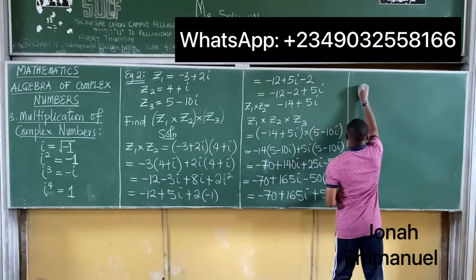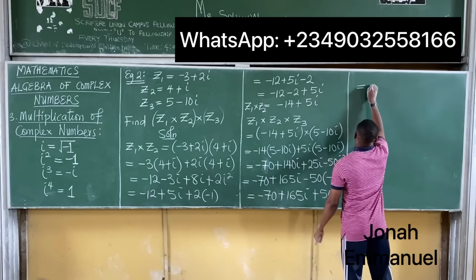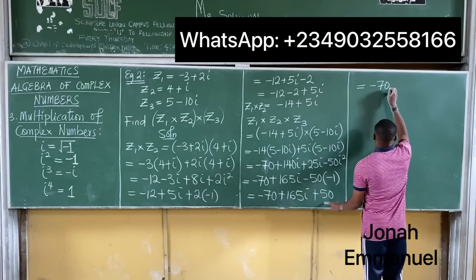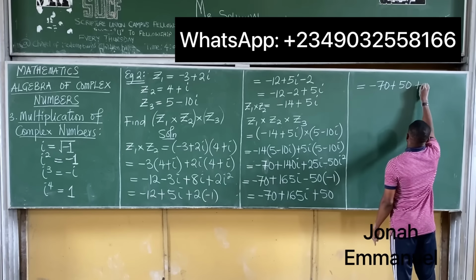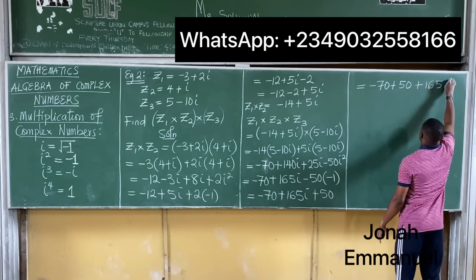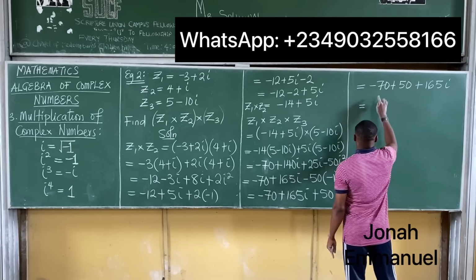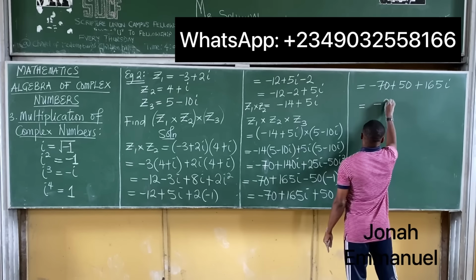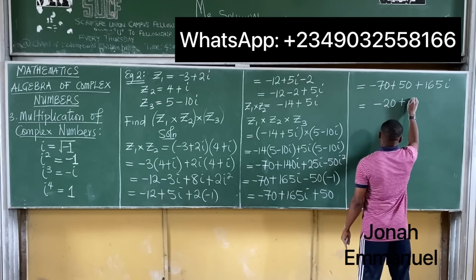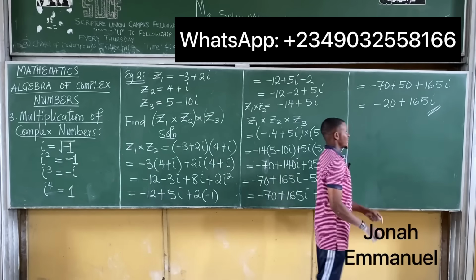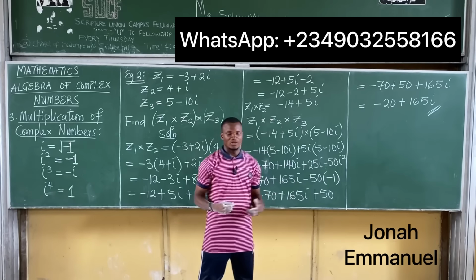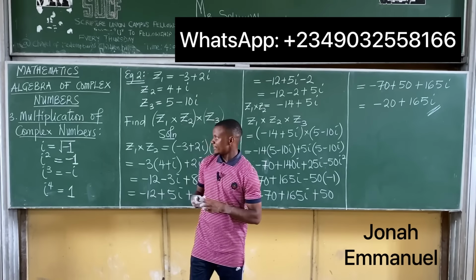Separating the real part from the imaginary part, my real parts are minus 70 and plus 50. Imaginary part is plus 165i, and that's equal to minus 70 plus 50 is minus 20, plus 165i. That's my answer. So this is how you do multiplication of complex numbers.